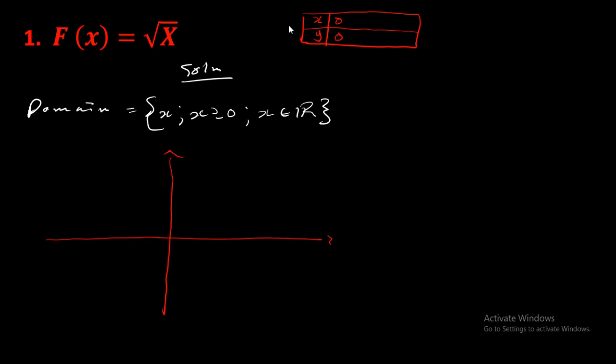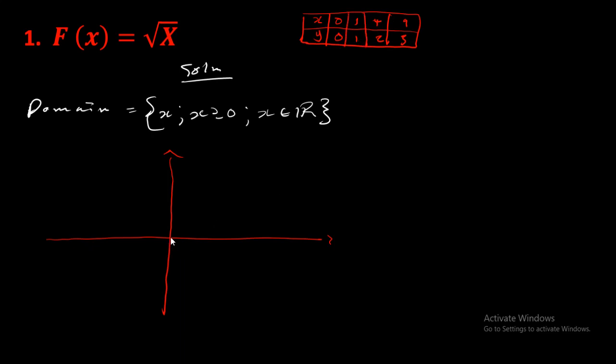When x is 1, it's square root of 1, which is 1. When x is 4, we have square root of 4, which is 2. When x is 9, we have square root of 9, which is 3. So these are the values that we are going to find.